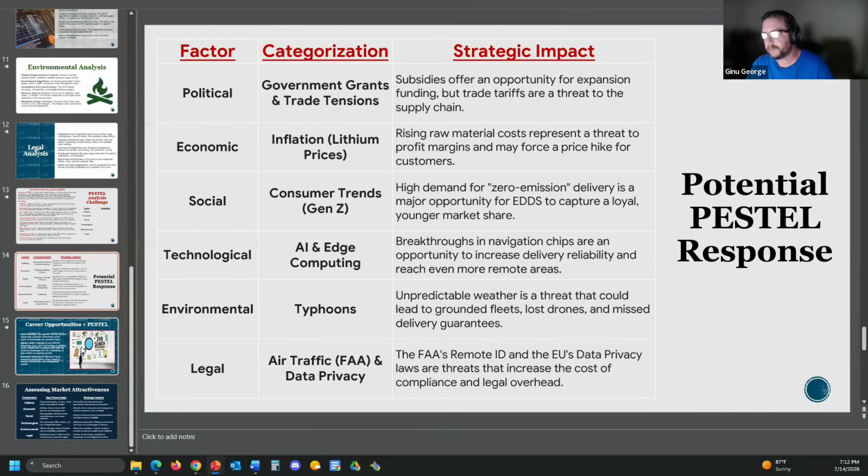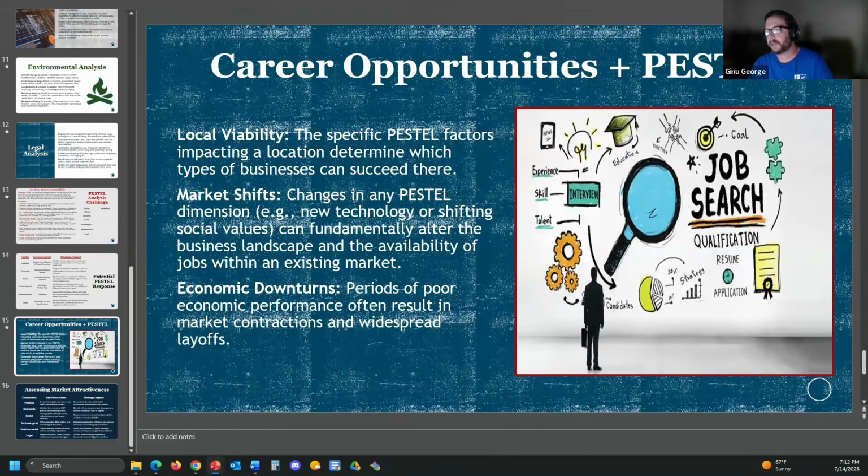All right, two more slides on this, but one more thing I want to look at here: career opportunities and PESTEL. To close up this PowerPoint, I want to connect PESTEL, political, economic, social, technological, environmental, and legal, directly to your future career opportunities. Local PESTEL factors determine what businesses are viable in a specific location.